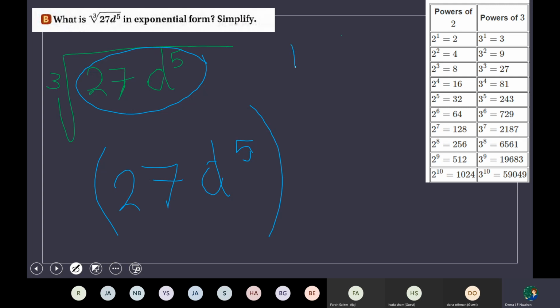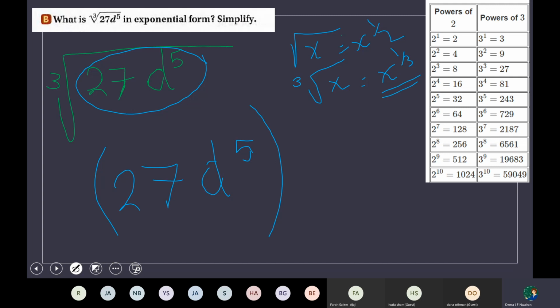Now, the square root of any number is x raised to the power half. The cube root of any number means x raised to 1 over 3. Okay, this is a formula, a rule. So if you have a cube root of x, it means x raised to the power 1 over 3.